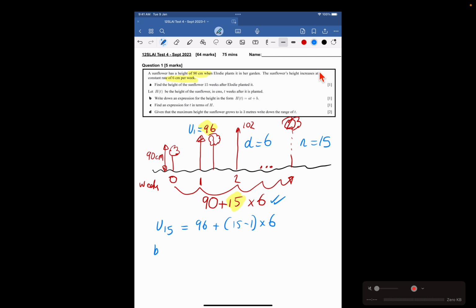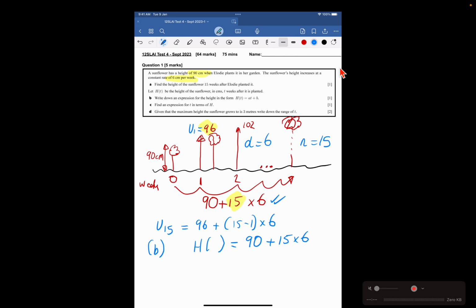But the way we've constructed that formula helps us, because look, the height after 15 weeks, that's h of t, that's equal to the starting height, the 90, plus the 15 weeks times the 6 centimeters per week. Now all we have to do is take that formula and delete the 15.